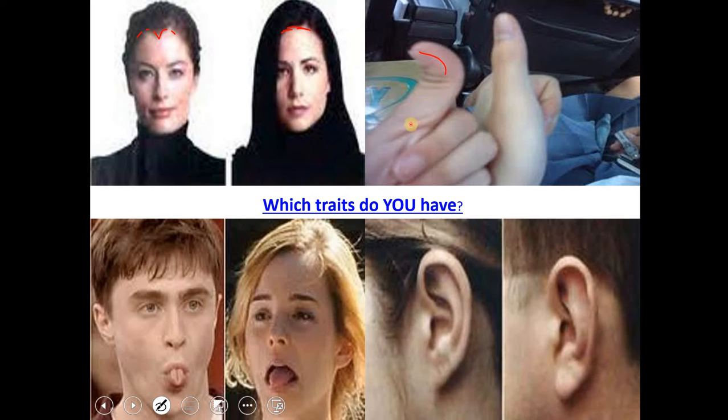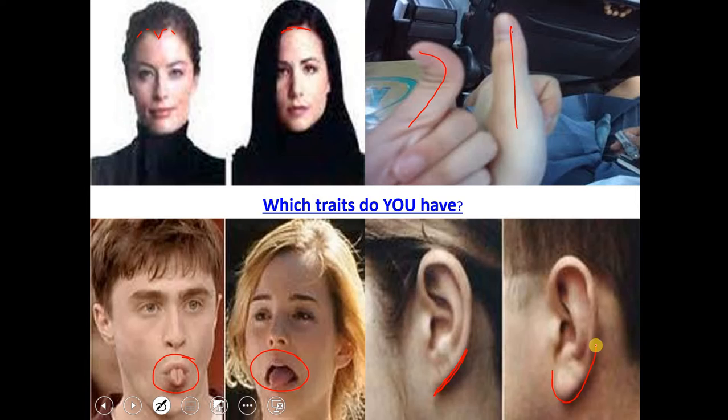We talked about how some people have a hitchhiker's thumb and others have a straight thumb. We talked about how some people can roll their tongues and some people can't. And then we talked about attached earlobes and unattached earlobes. And each of these things are traits or physical characteristics that you have.